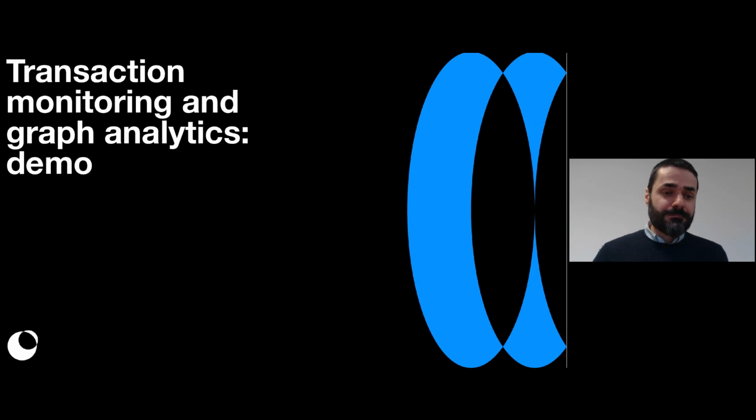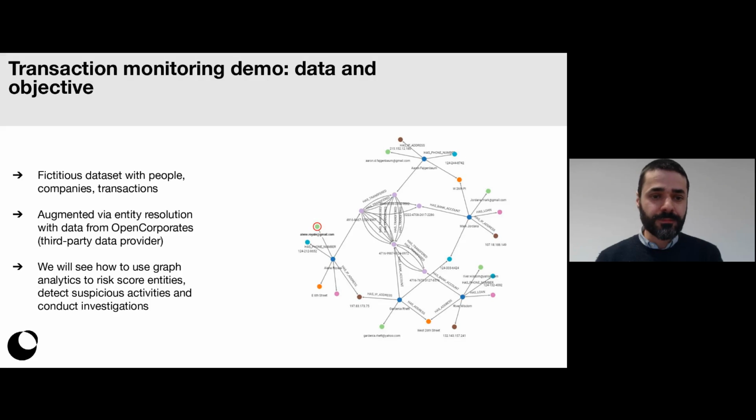So we've talked a little bit about transaction monitoring and graph analytics, and now what I'd like to do is give you a bit of a demo of what it can look like in practice. In order to do that, we're going to use a fictitious dataset. That dataset contains people, companies, transactions.